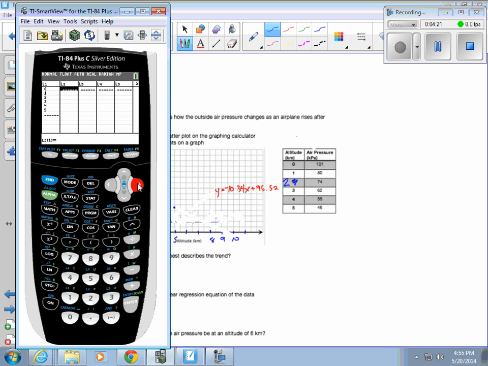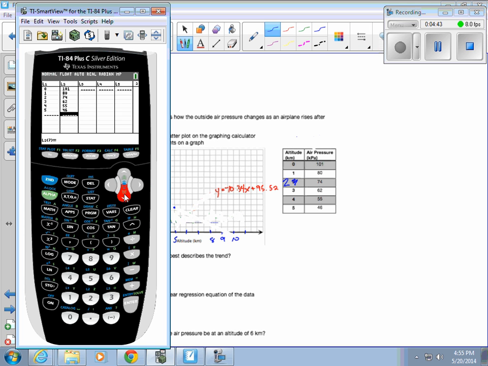Now our list 2 was 101, 80, 74, 62, 55, and 46.